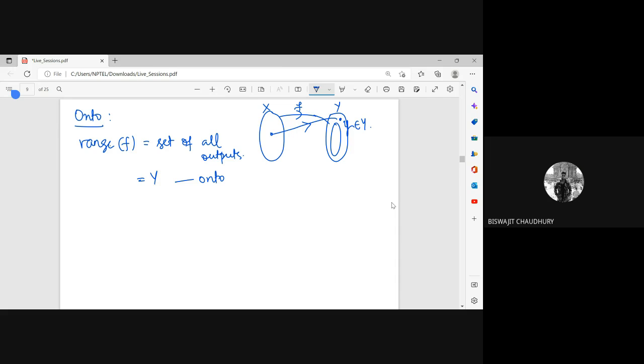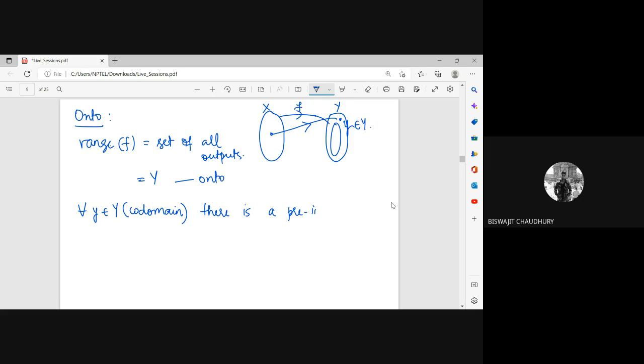Yes, because it's onto, every point in the codomain is going to have a pre-image. So for every y in Y, the codomain, there is a pre-image. Where will the pre-image lie?